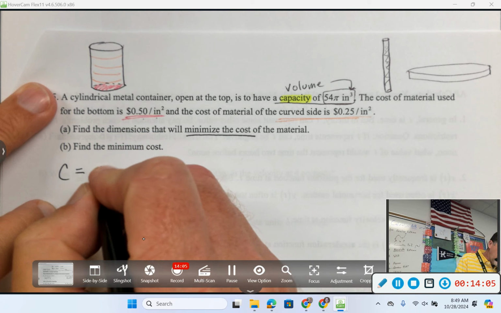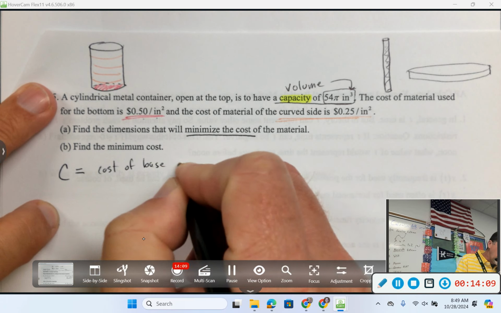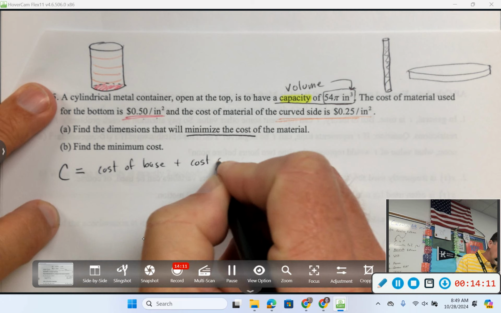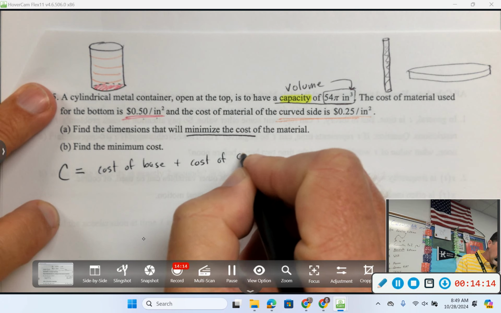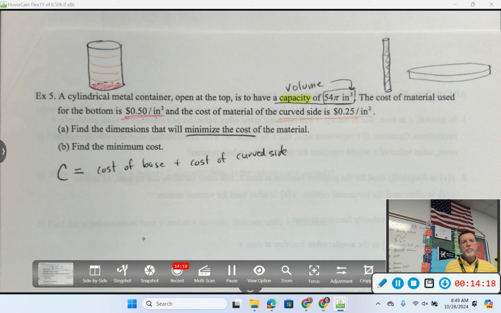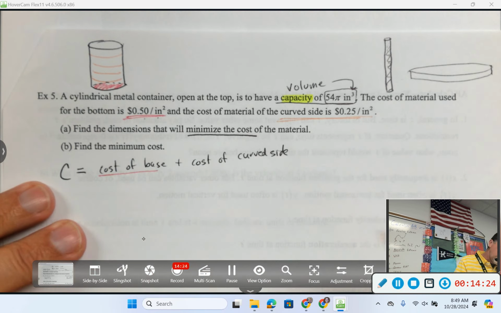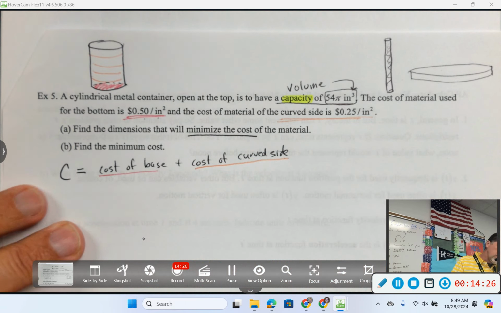But I think it's going to be the cost of the base plus the cost of the curved side.